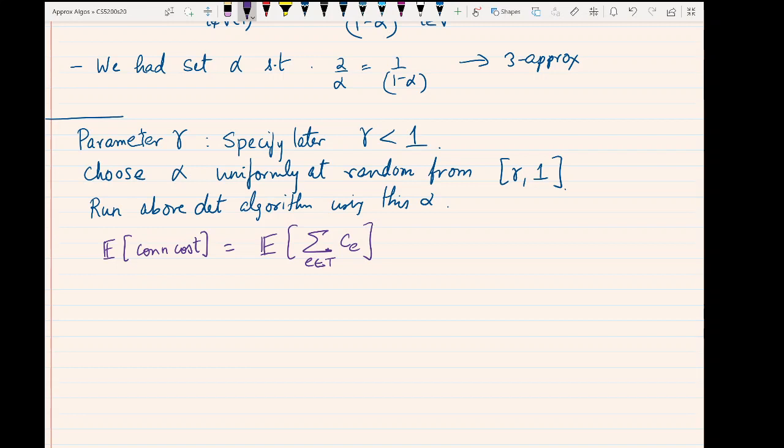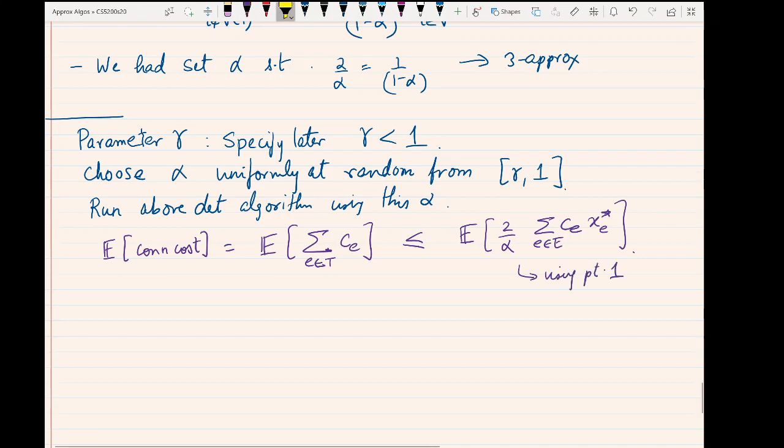Now we know that the cost of the edges included in the tree is at most 2 over alpha times connection cost specified by the LP, and this we got just using 0.1.